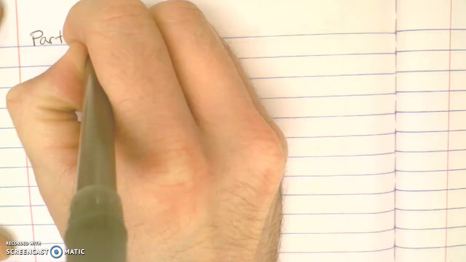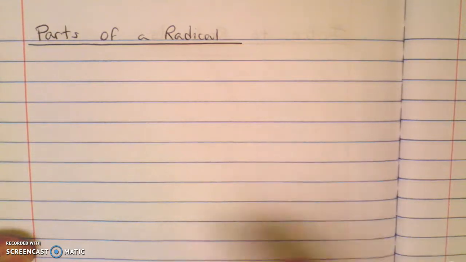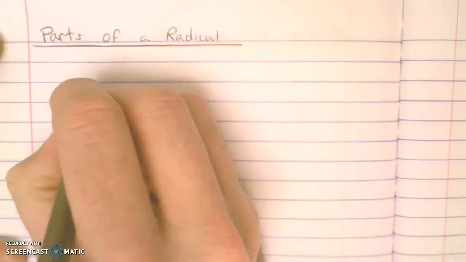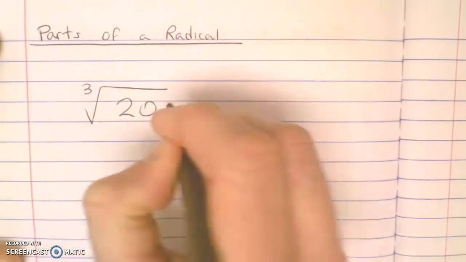All right, so some parts of radicals that you're going to have to get comfortable seeing. Let's say I gave you this number, the cube root of 20.